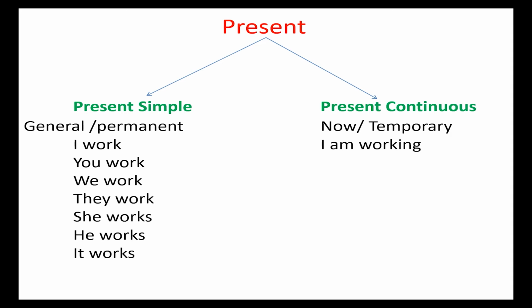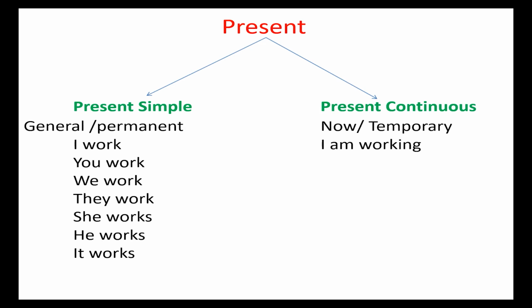There are two basic ways we speak about the present in English. I want to give you a little overview so that you can understand the basic differences between present simple and present continuous. Let me give an example. I work, and in present continuous, I am working.